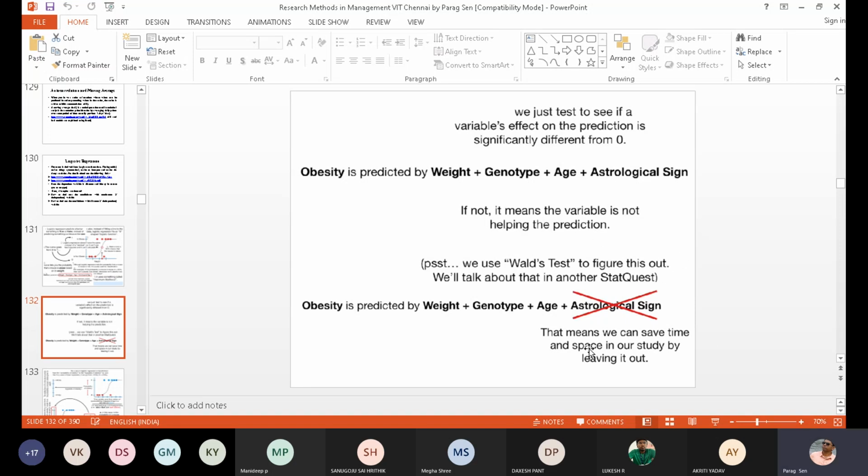Suppose you find that the astrological sign is not statistically significant. Then you just leave it out, and obesity will be predicted by weight, genotype and age only. In this way we can save time and space in our study.